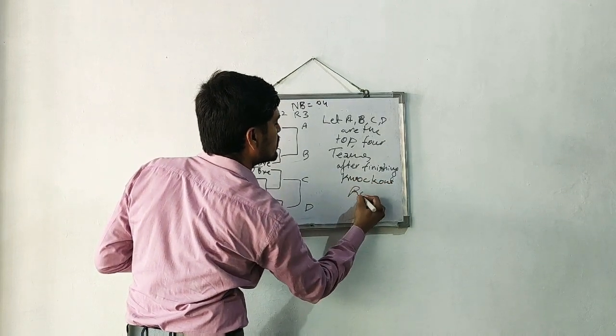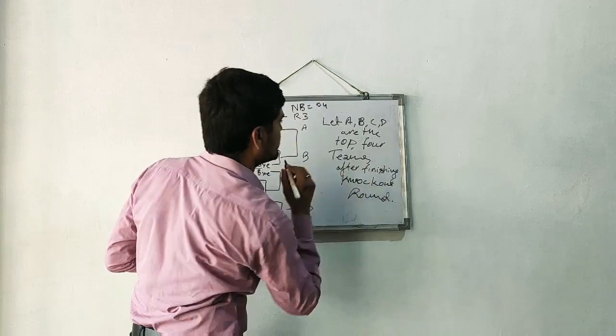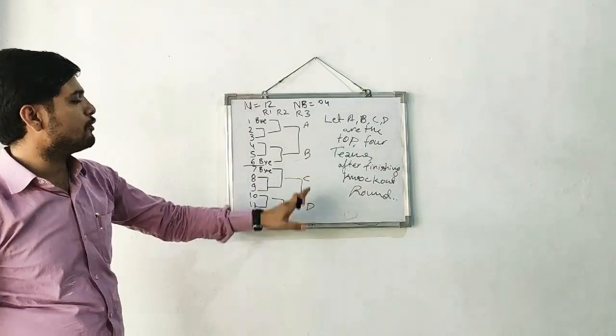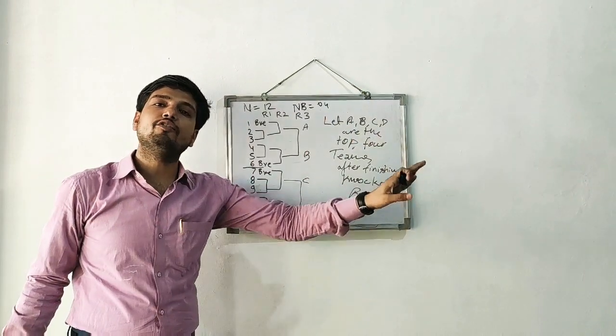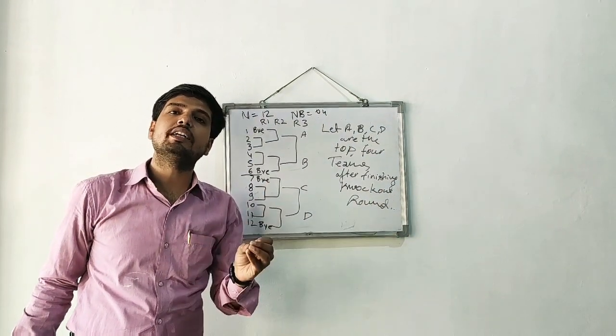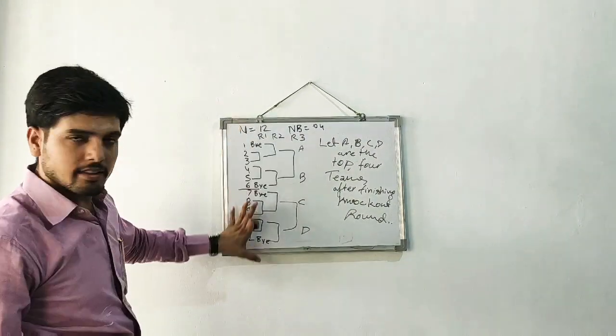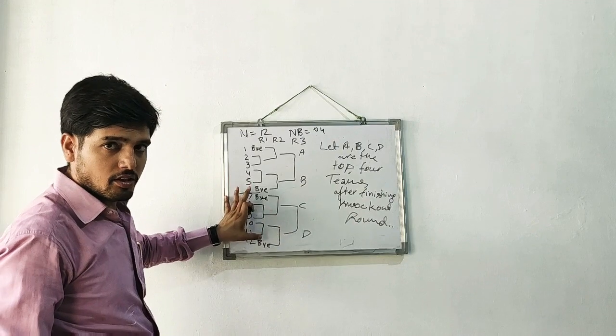If you mention this, that A, B, C, D are the 4 teams, after finishing you got the 4 teams which are qualified for the final round, which will be conducted on a league basis. So this is the knockout fixture.